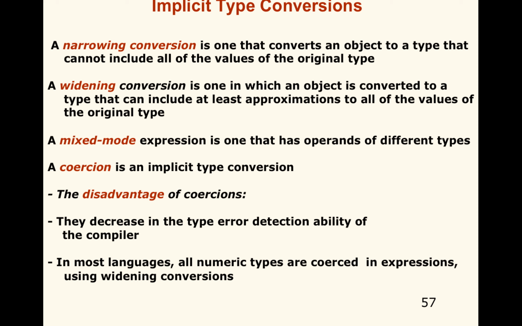A disadvantage of it is they decrease the type error detection ability of the compiler. Yes, languages like C or C++ that are supposed to be doing type checking don't allow mixed mode expressions because they want you to actually explicitly convert the 5 into a float. So you couldn't take a double like 12.19 and add it to an int like the number 5 in the language of C. You can do it in Python, but you can't do it in C or C++.